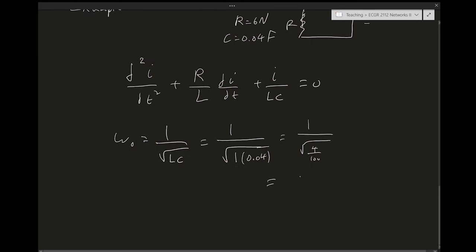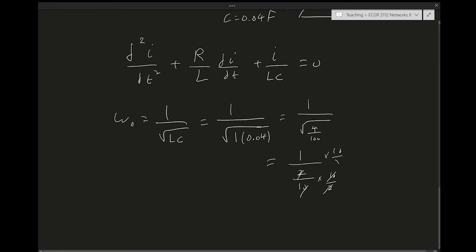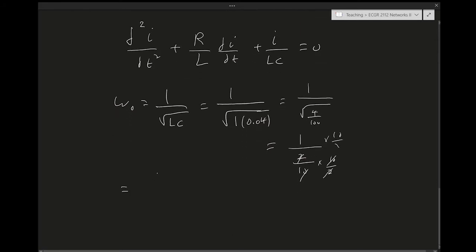So this is going to be 1 over 2 times 10, where the square root of 4 is 2 and the square root of 100 is 10. Multiply this by 10 over 2 times 10 over 2. Just doing simplification, I end up with 10 over 2, which is 5. So omega naught is going to be 5.